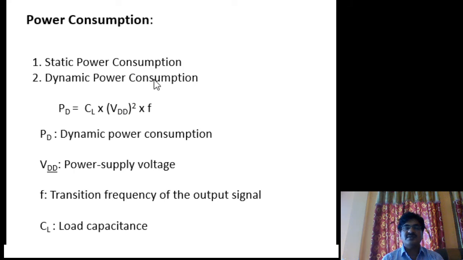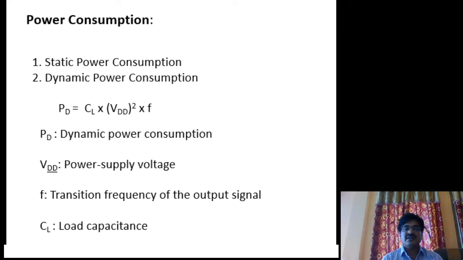The dynamic power consumption can be estimated using the formula CL VDD square times F, where CL is the load capacitance value, VDD is the power supply voltage, and F is the number of transitions or transition frequency. Like that you can estimate the dynamic power. And the total power is the sum of the static power and the dynamic power.